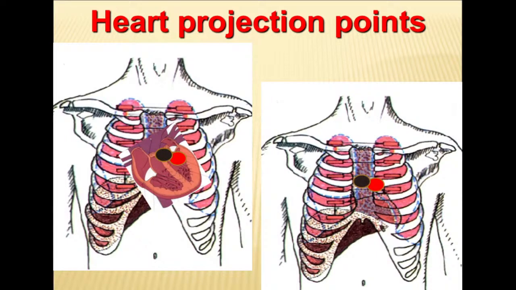The aortic valve localizes in the middle of the sternum on the level of the third rib.